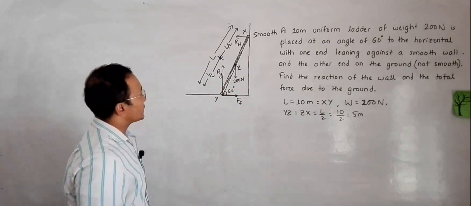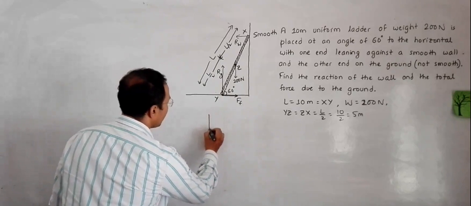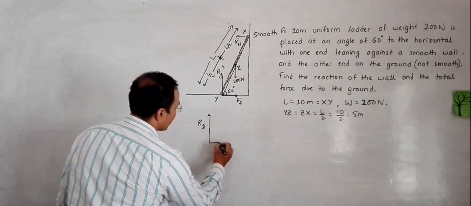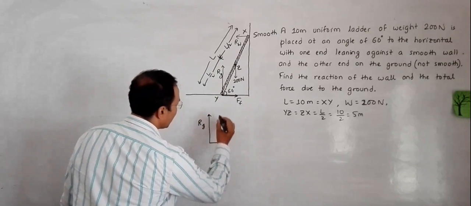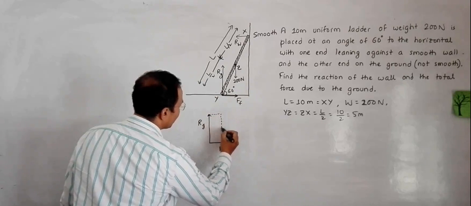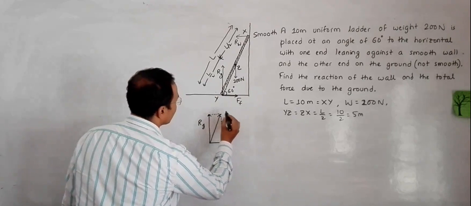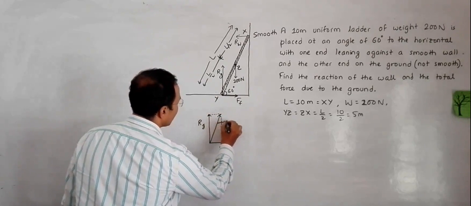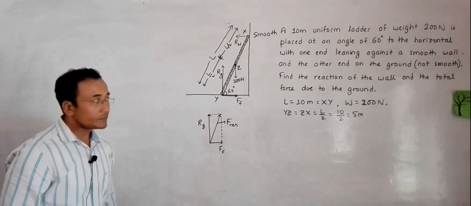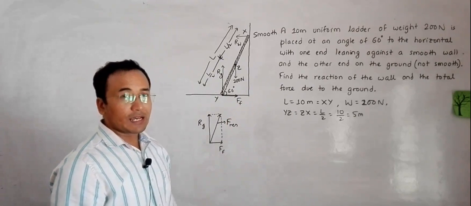If I draw this vector somewhere else, it should be like this: RG, the frictional force F, and then the resultant force due to both of them should be somewhat like this. This is the resultant force, FRES, which we have to find. And we also require the reaction force of the wall as well.